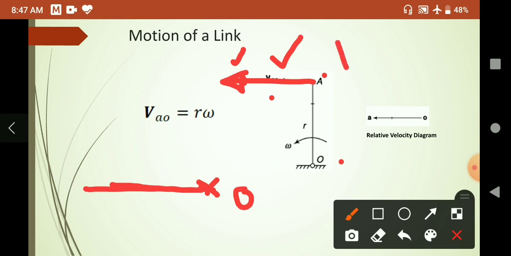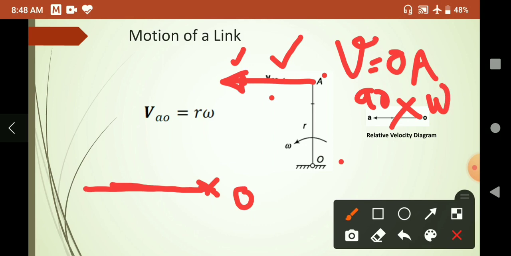That is, the length of the line will be OA into omega OA, the magnitude of the velocity of A relative to O. For example, if the magnitude of velocity is 5 meters per second, then the length of the line should be 5 units. It can be millimeter, centimeter, anything, but it should be 5 units. The end point of this line will be small a.